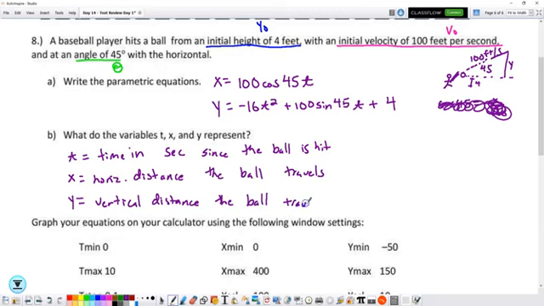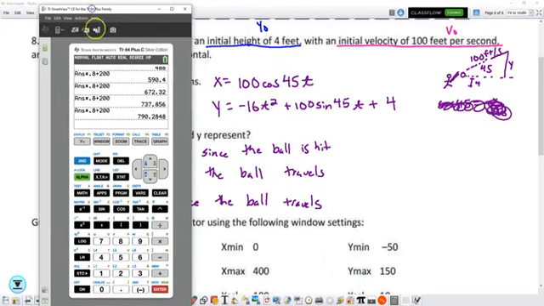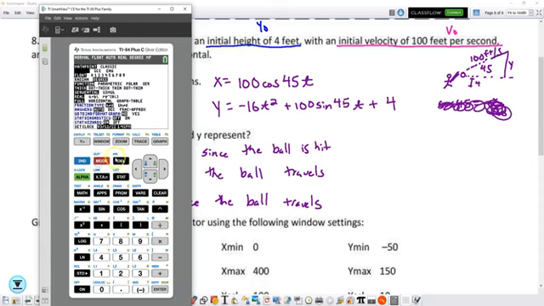Now, we are told explicitly to graph these with the following settings. You have a copy of these on your paper, so I'm going to cover up some of the settings. Let's get the calculator going here. As a reminder, if you are borrowing one of my calculators, or an older sibling's or a friend's calculator, please check your mode and make sure you are in degrees. We've got 45 degrees here.